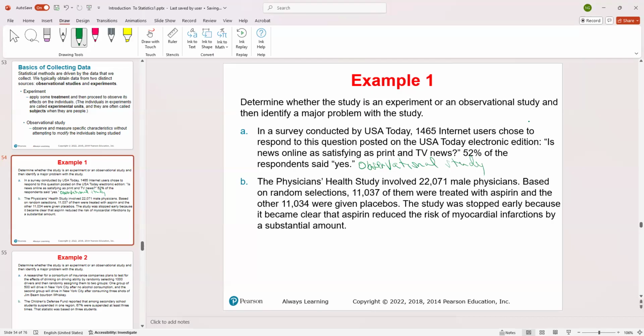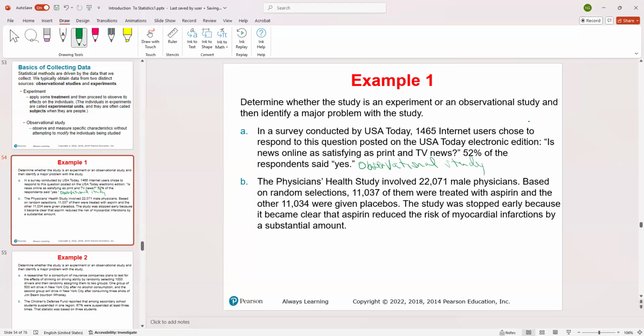Now for exercise B, the physicians' study involved 22,071 male physicians. Based on random selection, 11,034 of them were treated with aspirin, and the other 11,034 were given placebos.